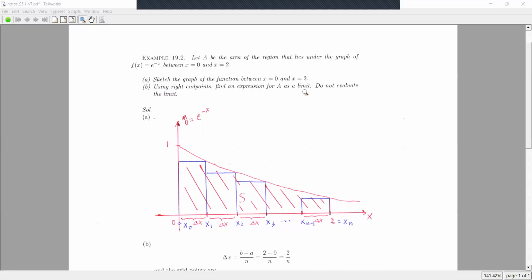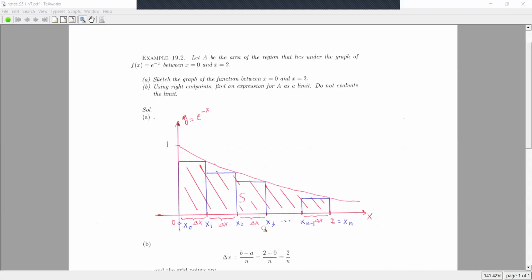So I follow the 4 steps in the review at the beginning of today's class. The interval is 0 to 2. Now I evenly cut the interval into n subintervals.